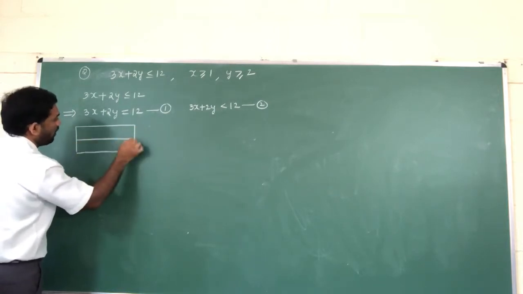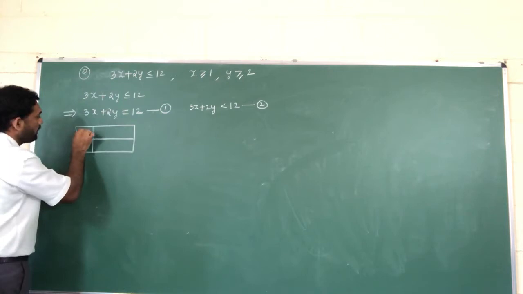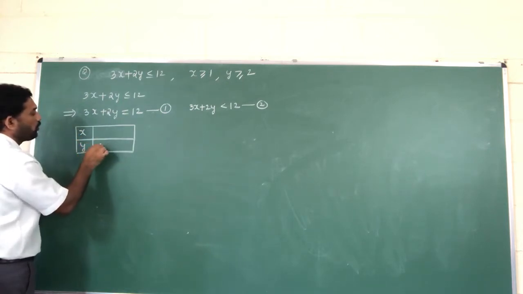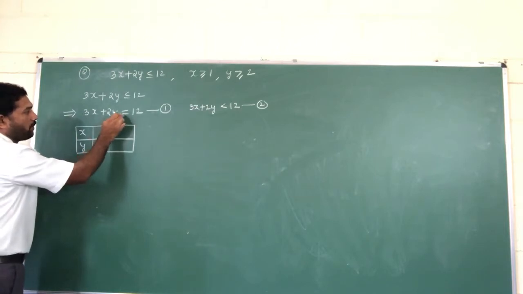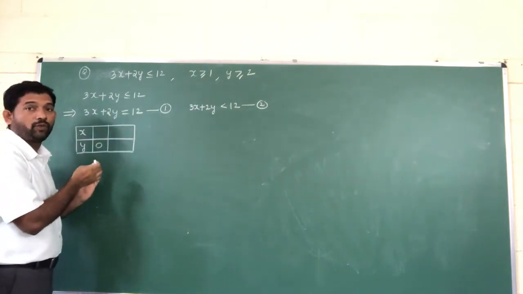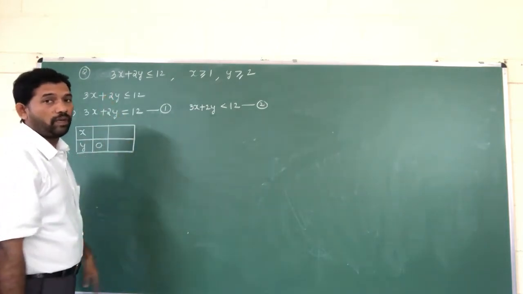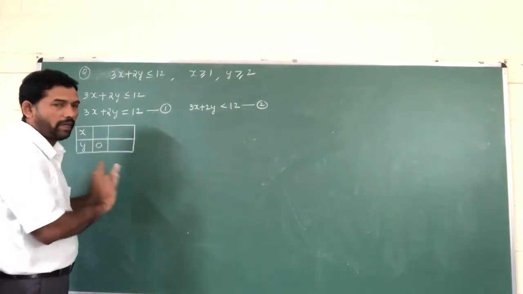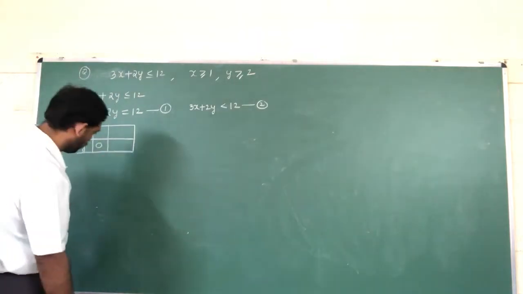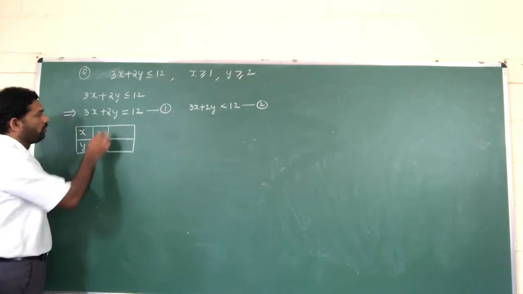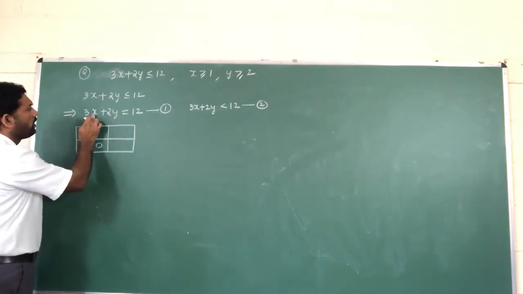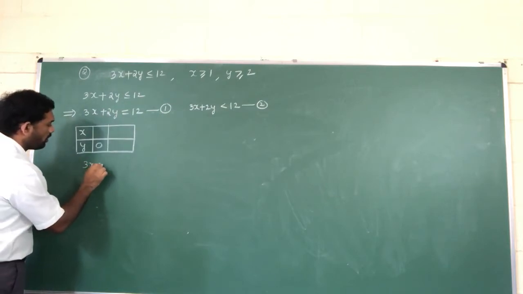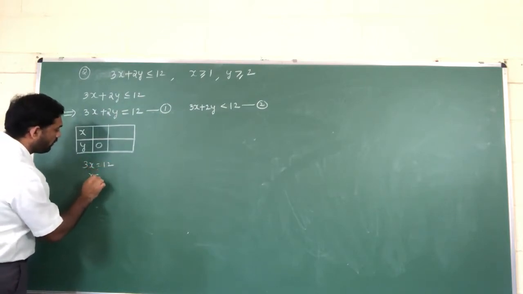So here x, y. Put y equal to 0, then what happens to the x value in equation number 1? The same method you followed in the previous exercise, you have to follow here also. 2 into 0 is 0, 3x equals 12, so x is equal to 4.